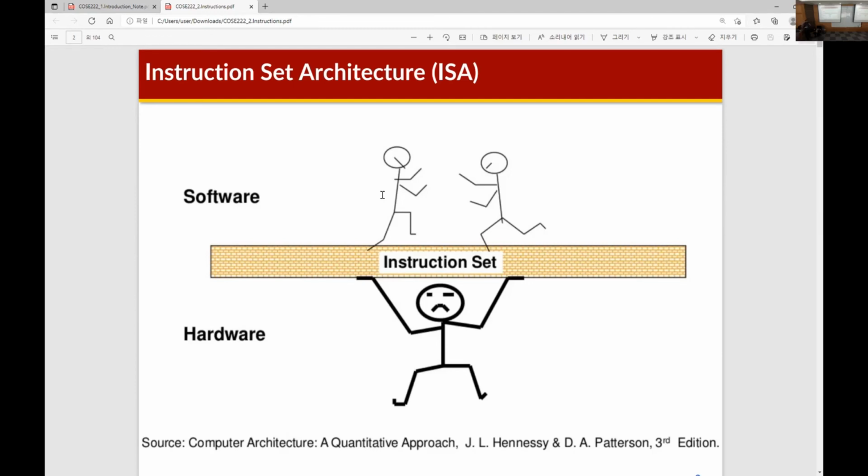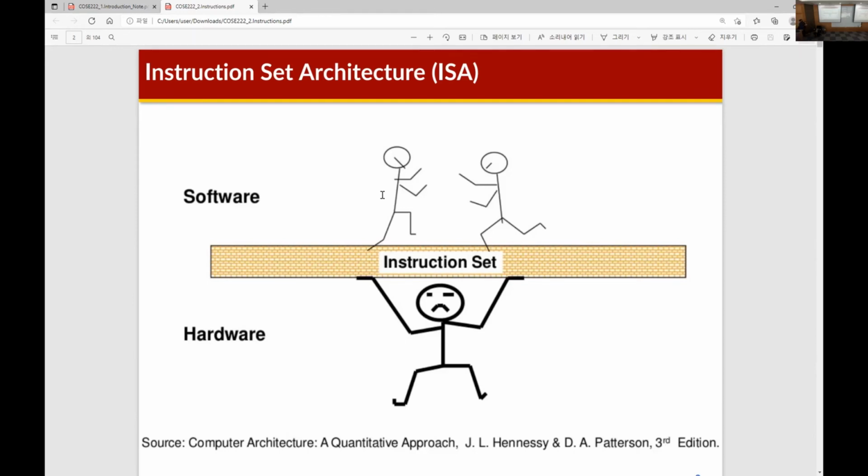That is the definition of the instruction defined in the instruction set architecture. So the instruction set architecture defines how an instruction is executed in the processor.